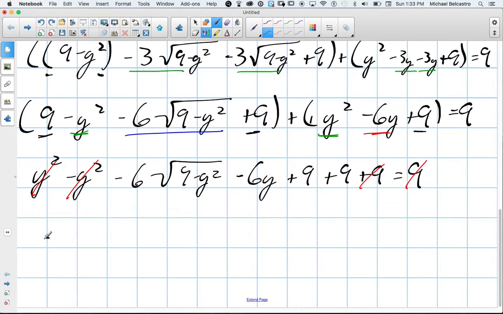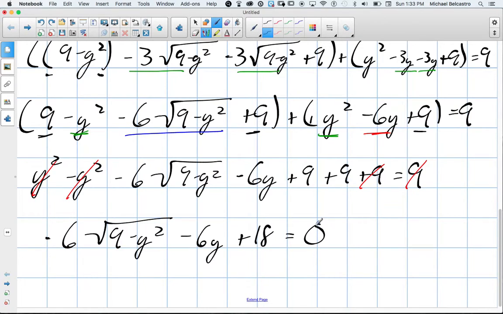So now we're left with negative 6 square root of 9 minus y squared, minus 6y, and the two 9s will be plus 18, is equal to 0. We have a common factor of 6 here. In fact, this is a negative, and I want to make this positive. So I'm going to divide the entire equation, every term, by negative 6.